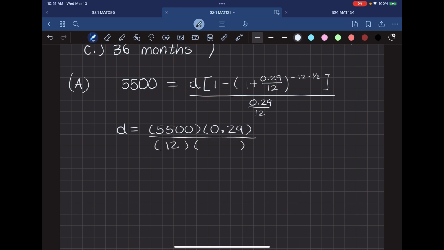And then the stuff in the brackets, if you type that into your calculator and round, you'll get 0.1335. That's rounded. And then when you type this into your calculator, now that it's a little bit more manageable, you'll get that your monthly payments will have to be $995.63.